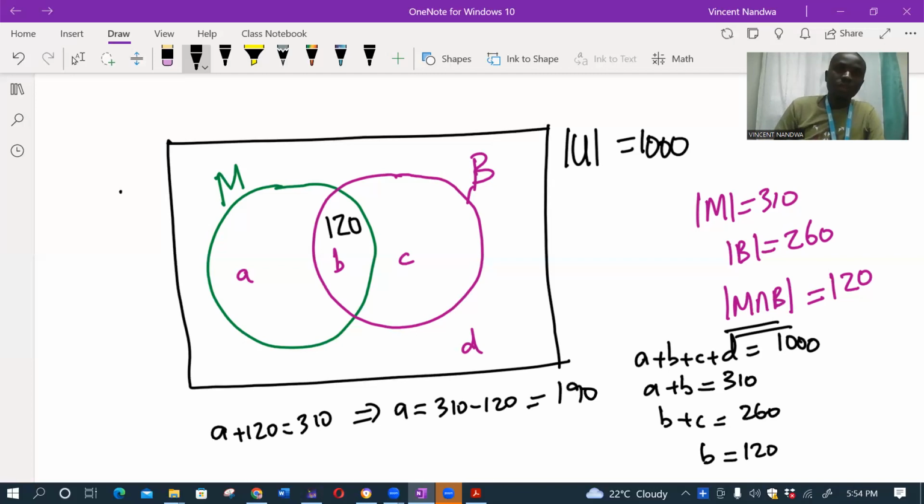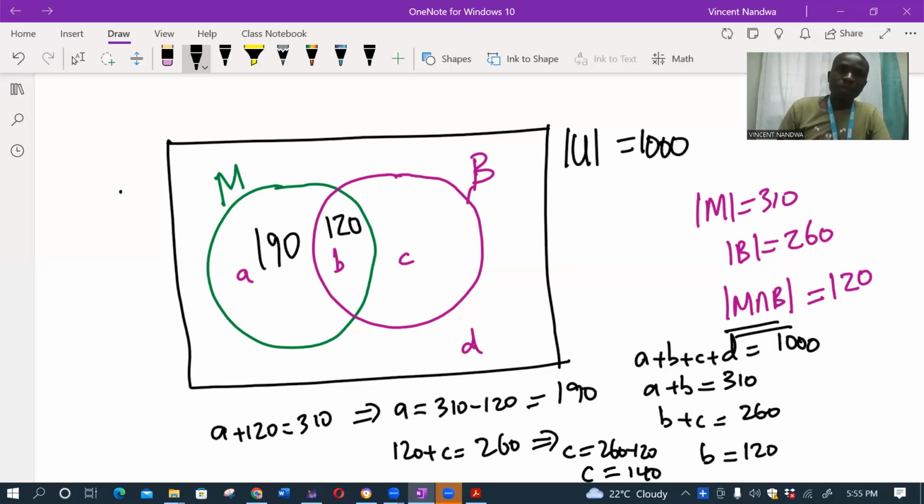So A is 190, so you fill 190 here. Then B plus C, 120 plus C equals 260. So this means C is 260 minus 120, and 260 minus 120 is nothing but 140. So this is 140.